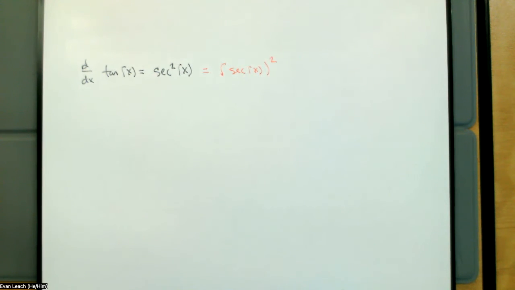We definitely don't want to read that one as secant x squared, because that would be the secant of the square of x. And this is not that. This is the square of the secant of x. Composition of functions is not commutative.